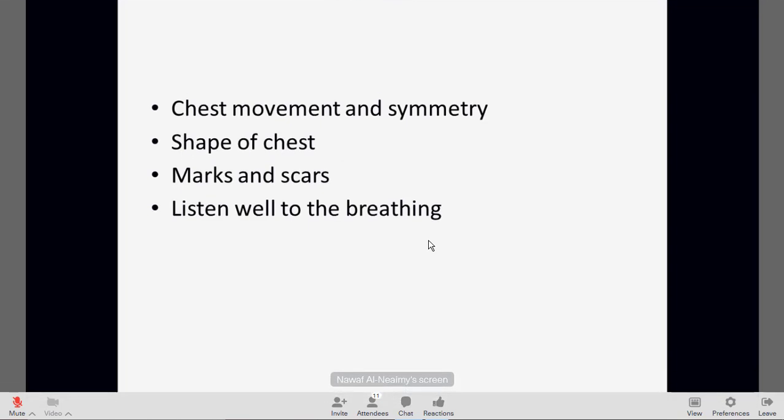with breathing, whether it moves in a fairly good way, or it is a restricted or diminished movement of the chest.